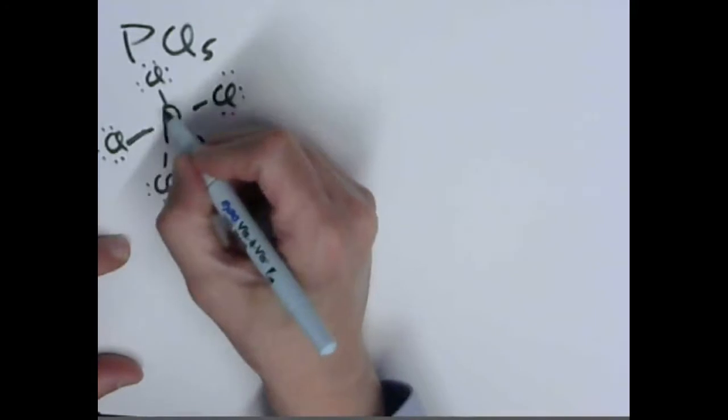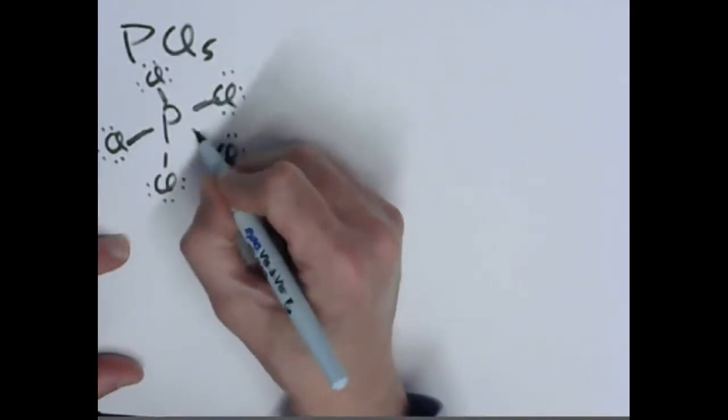Another point to keep in mind is that we can draw a legitimate Lewis structure, but it may not adequately describe the shape of the electron domains or the molecular shape. So don't let the way the Lewis structure is drawn throw you off. The important thing is that there are 5 single bonds to the phosphorus, 5 electron domains.